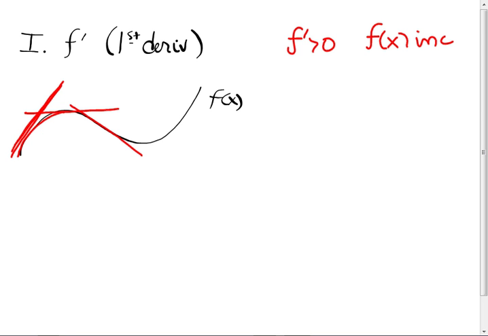Well, might get some other things. We get a derivative test. What if f prime is less than 0, Andrew? This one's less than 0. My function is decreasing. Okay? Remember that? Now, what if f prime changes sign?